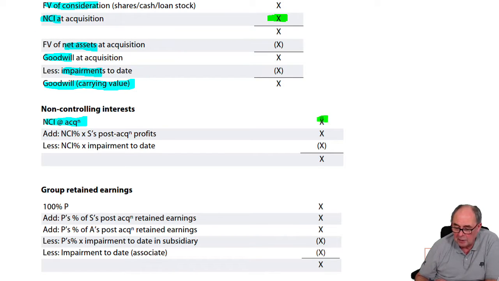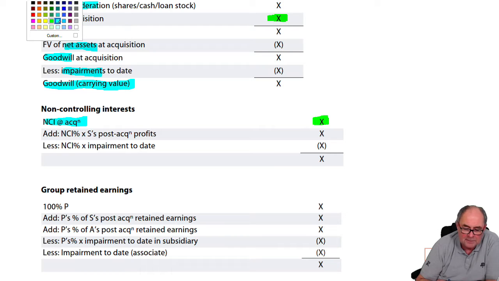So this number will be the same as that number there. This is what they were at acquisition. It goes up because of their share of profits. And if you're using full Goodwill, it goes down because of their share of impairment. If you've forgotten what full Goodwill is, don't worry, we'll remind you about that in just a moment.